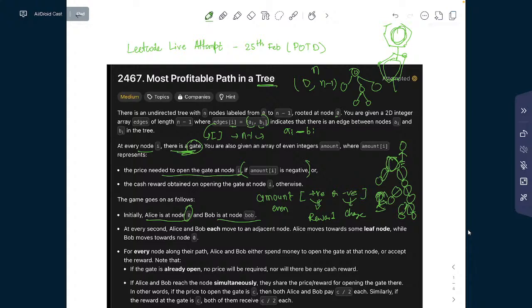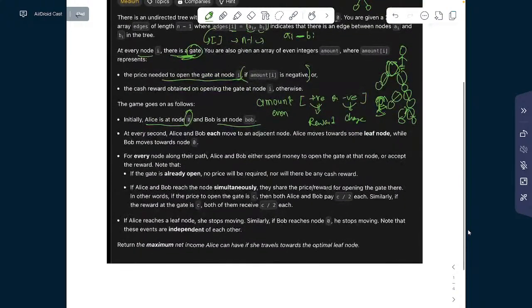I'll make Bob a girl to differentiate. However, Alice is a girl. Now, at every second, Alice and Bob move to an adjacent node. Alice moves towards some leaf node while Bob moves towards node 0.